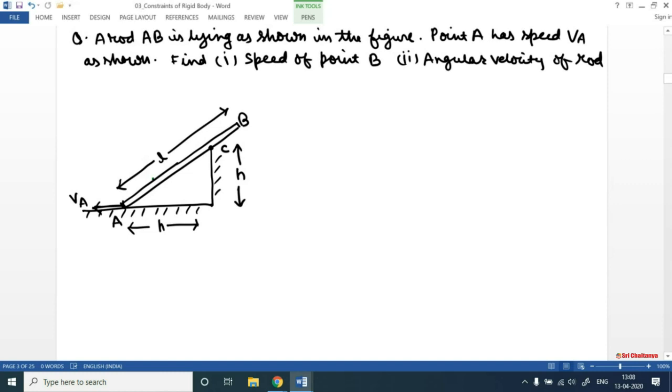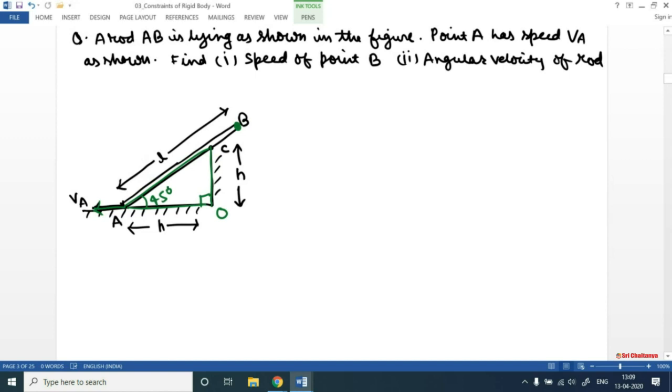Point A has a speed VA as shown, and what we are required to find, again, is the speed of point B and the angular velocity of the rod as well. The geometry of this question: you can see that this would be a right angle triangle. Let's say this point is O, so OC is H and OA is H as well. That gives us that this angle is going to be equal to 45 degrees.